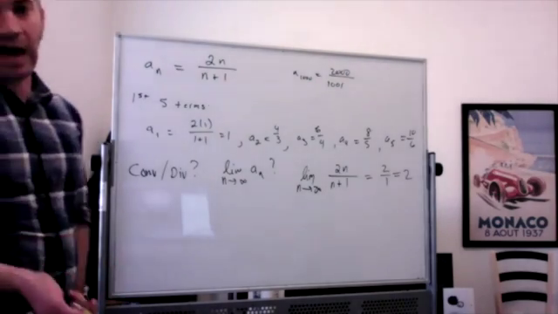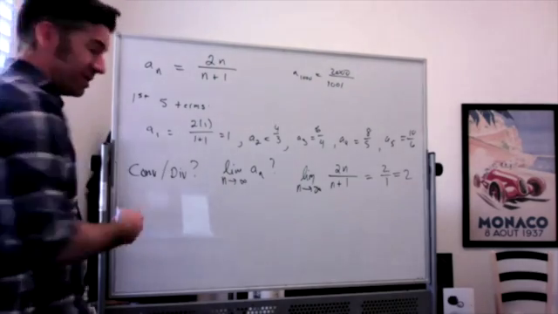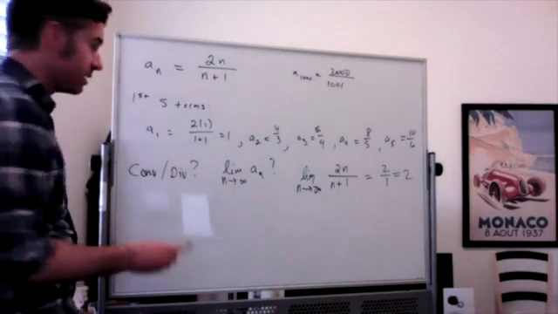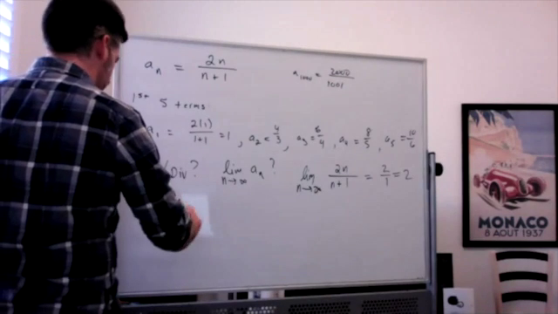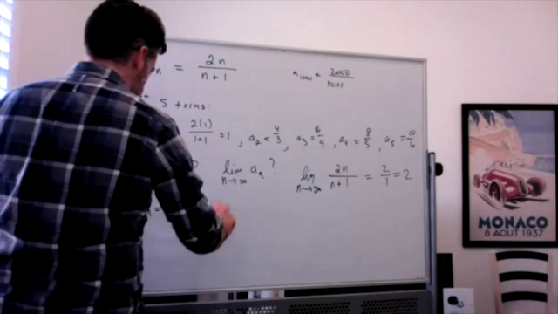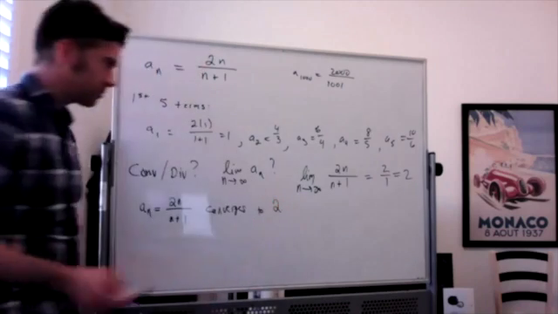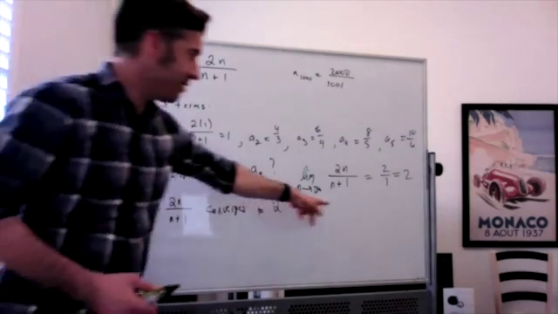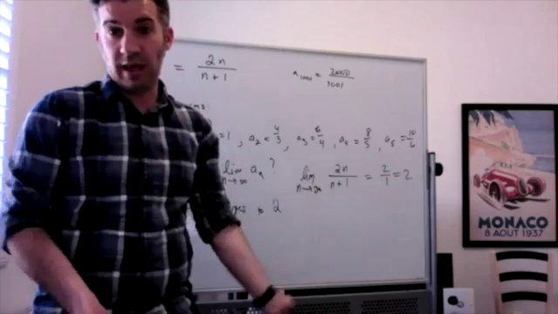So I would probably just write that the limit was 2, but you could also say, if your teacher expected you to write more words, that the sequence a sub n equal to 2n over n plus 1 converges to 2. Writing this says the same information, just with different language or words.